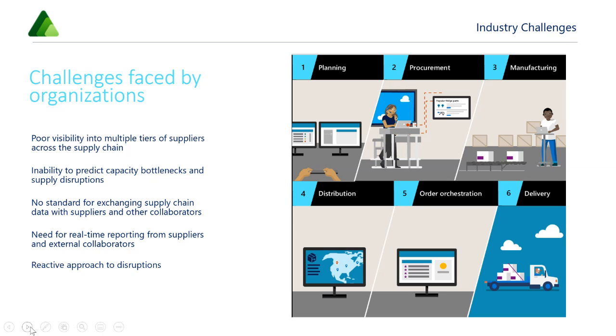So even when they would build a lot of reporting and get data from these suppliers, it wasn't really in real time. The reports didn't match up to the ground reality, and so it was very difficult for them to make the correct business decisions. On top of that, many of the reports they would build were very reactive in nature, created only when a disruption had happened. These were some of the challenges the industry was facing.